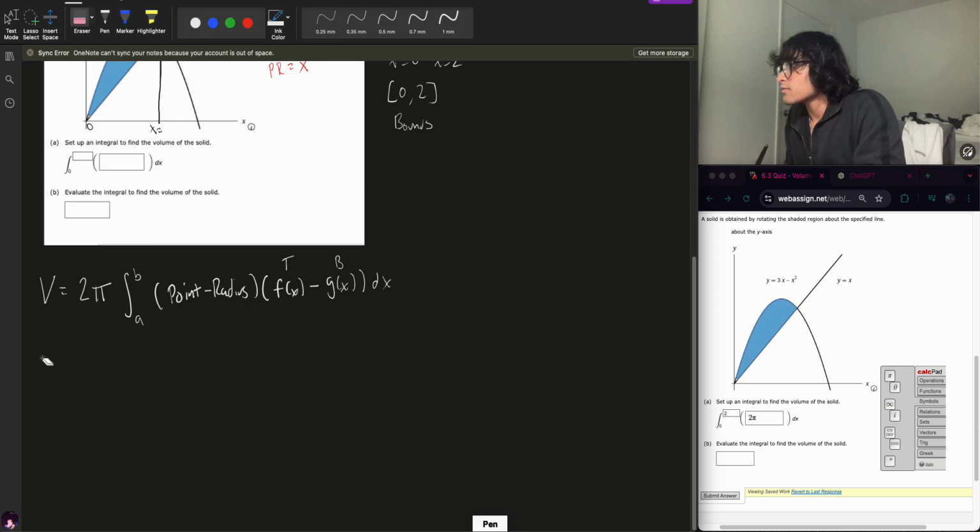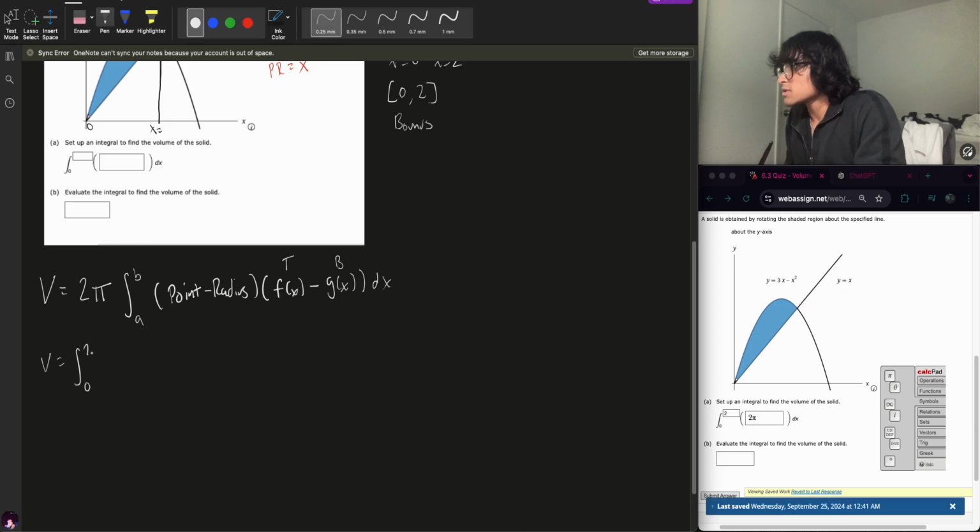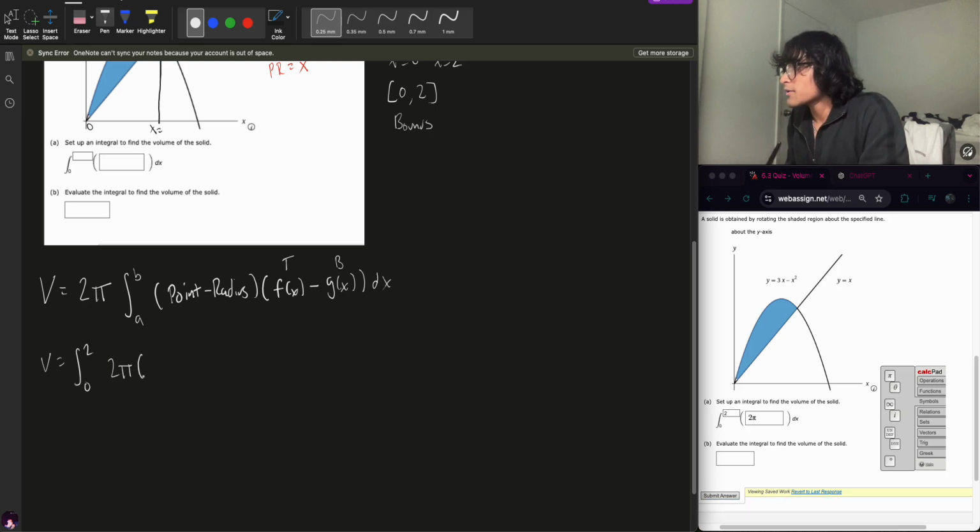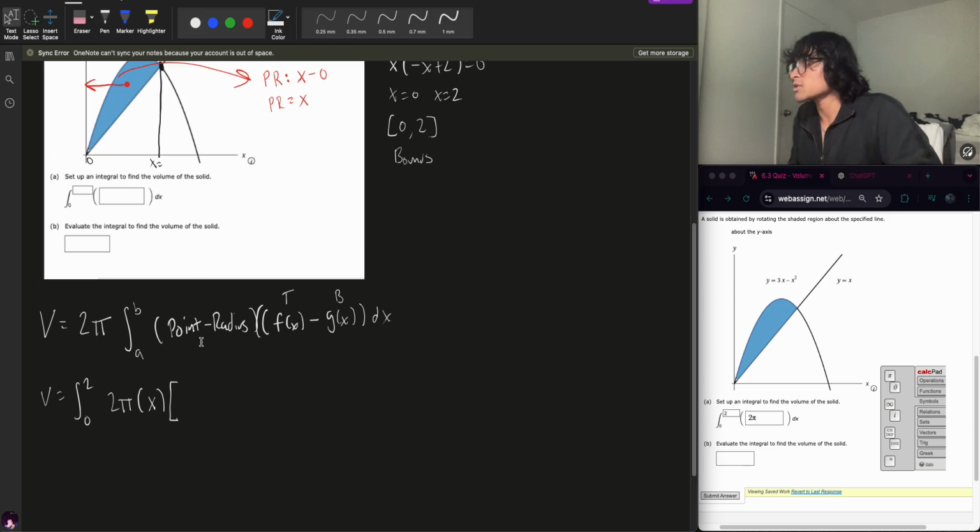V equals, from the bounds of 0 to 2 pi, and we know our point radius is x, times, let's put this in brackets, this is like a separate thing, times our top and bottom function.